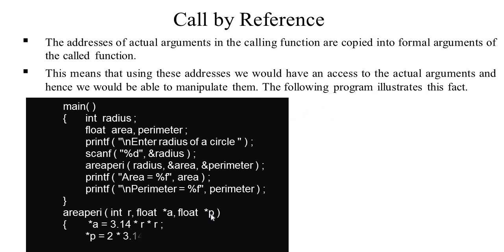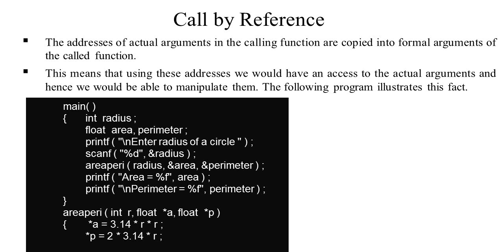Now again, over here there is a parameter variable, and this p also reflects the same memory location where this parameter points, and it is also some calculation, 2 multiplied by 3.14 multiplied by r. So we have calculated the parameter.